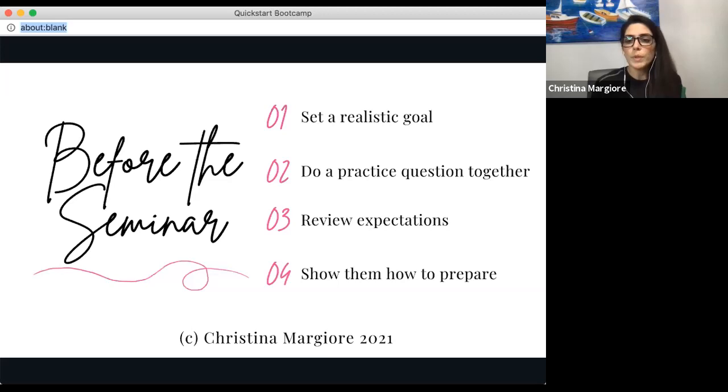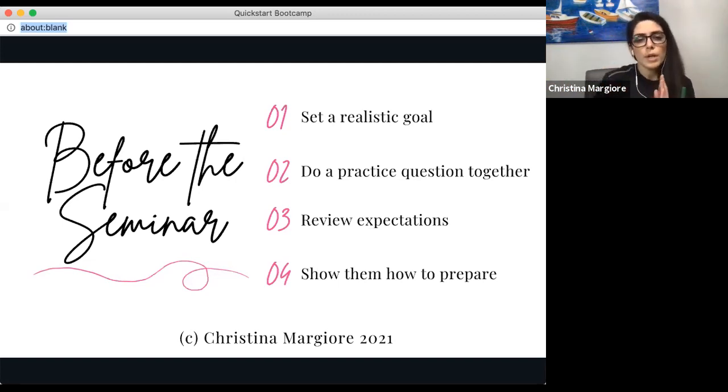A great goal would be a 15 to 20-minute Socratic seminar, because remember, we want to try to get them using only target language. So if you can walk away with your students producing target language for 20 minutes in an intermediate low class, that's great. So set a realistic goal, baby steps. And then each time you could build up a little bit more, a little bit more.